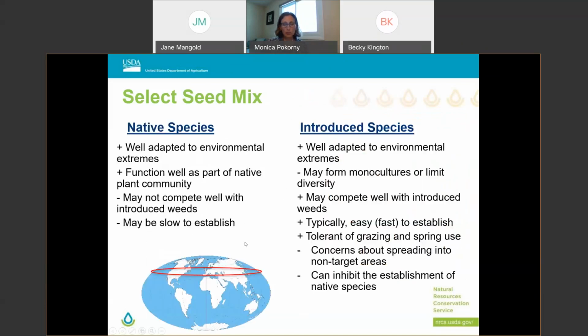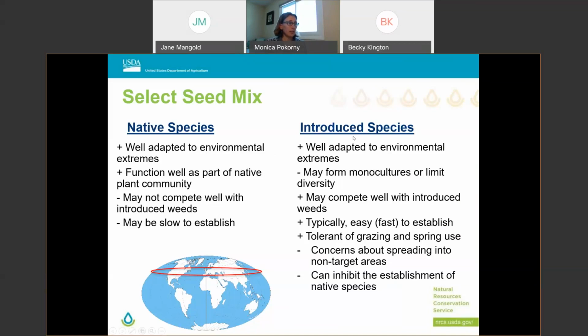One consideration when you put together a seed mix is whether you should include native species or introduced species or both. There are pros and cons to both, so I just want to compare them a little bit. A native species is something that evolved over hundreds or thousands of years in a geographic location and a plant community. We're looking at species that are not only native to North America, but also native and adapted to Montana.